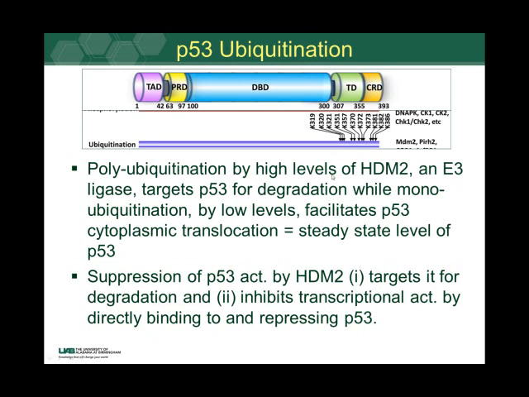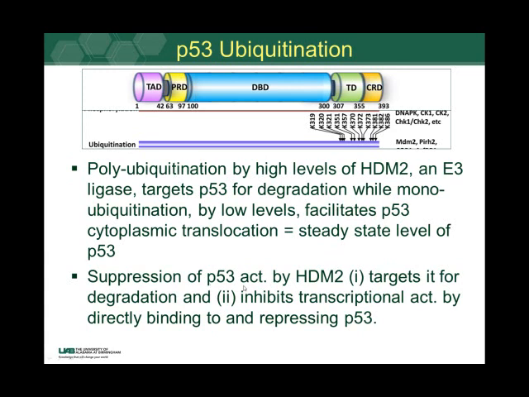So polyubiquitination by high levels of HDM2, an E3 ligase, targets p53 for degradation, while monoubiquitination by low levels facilitates p53 cytoplasmic translocation, and it serves as a steady state control of p53. Again, high ubiquitination will degrade the p53, while monoubiquitination will serve to control its steady state level.